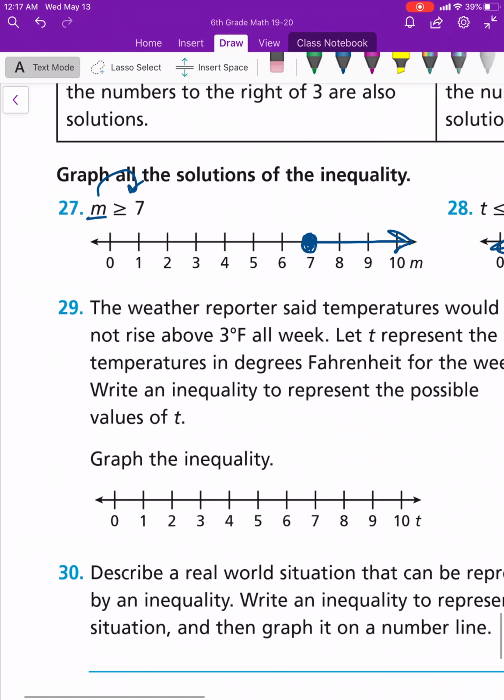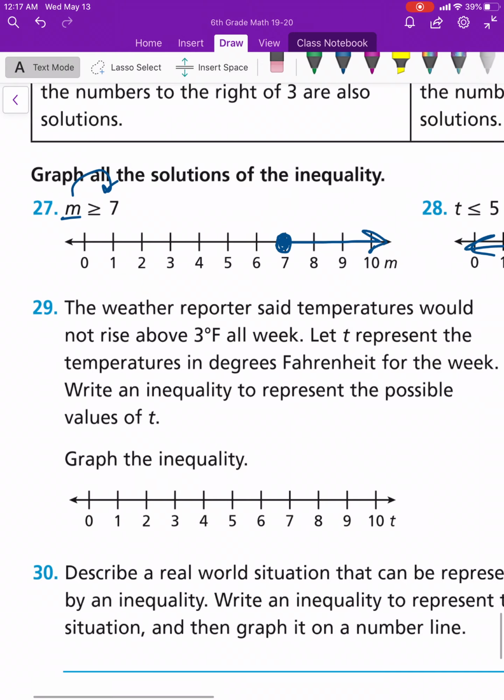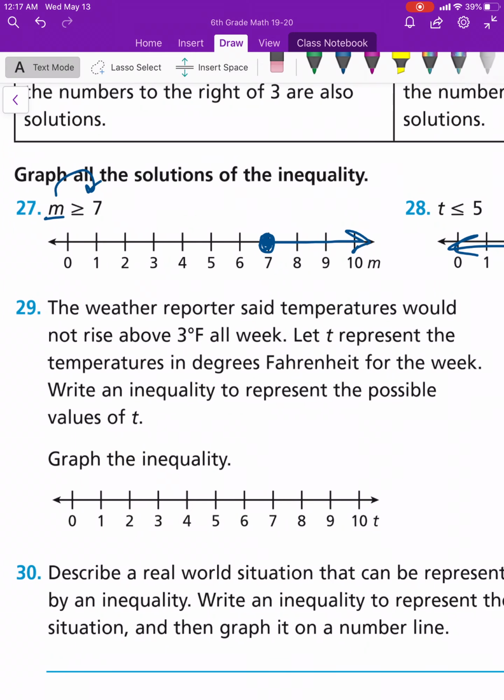Okay. So the weather reporter said temperatures would not rise above 3 degrees Fahrenheit all week. Let T represent the temperatures in degrees Fahrenheit for the week. Write an inequality to represent the possible values of T. So they won't rise above. Let's highlight that part.